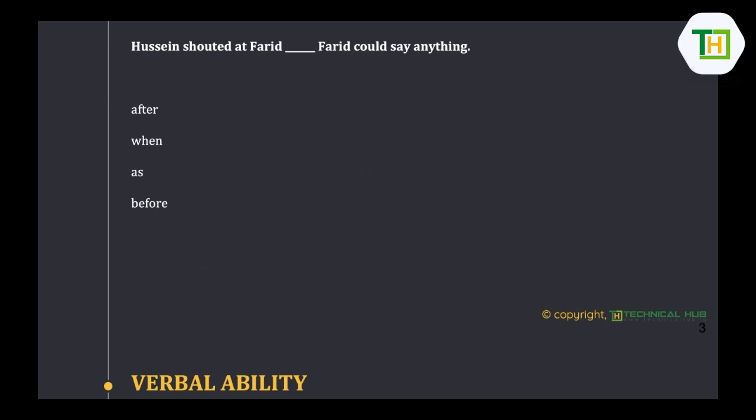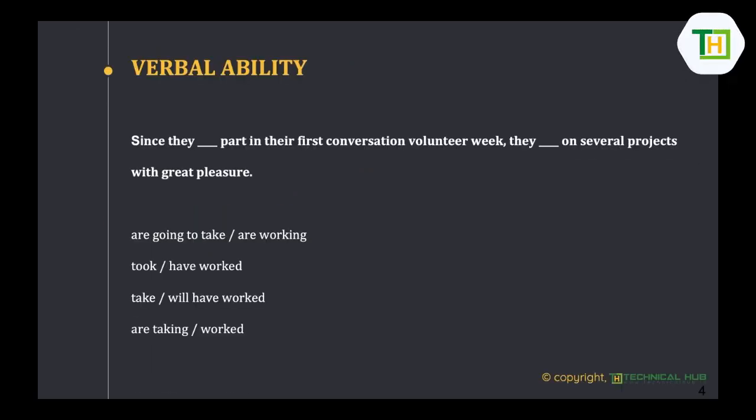Next one. Since they dash part in their first conversation volunteer week, they dash on several projects with great pleasure. The options are: are going to take part, took part, take part, are taking part.